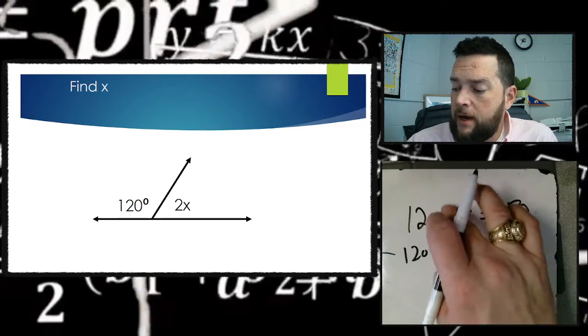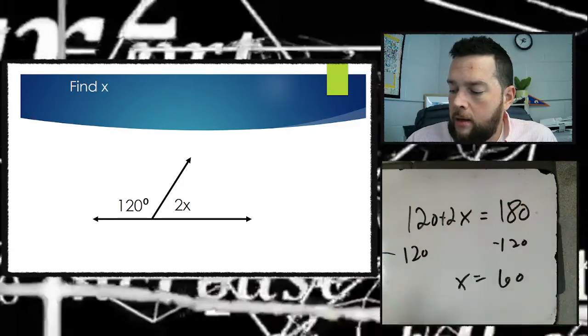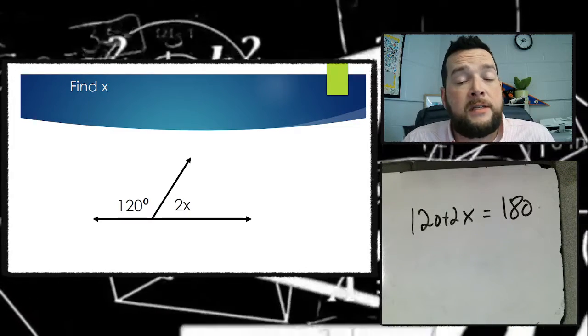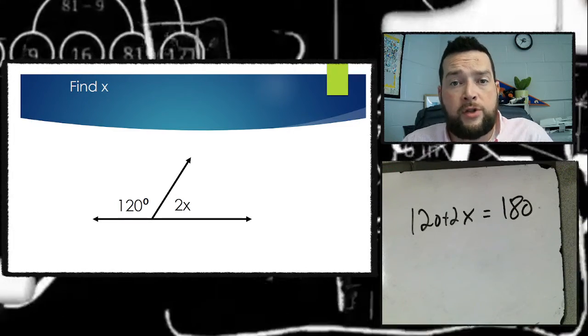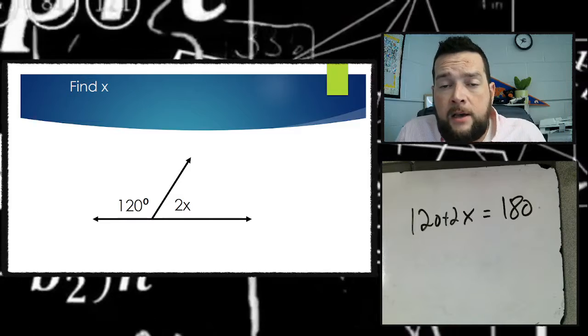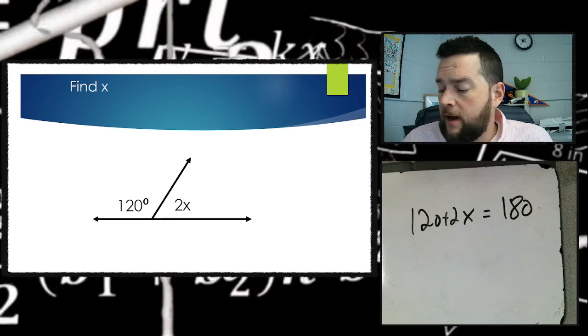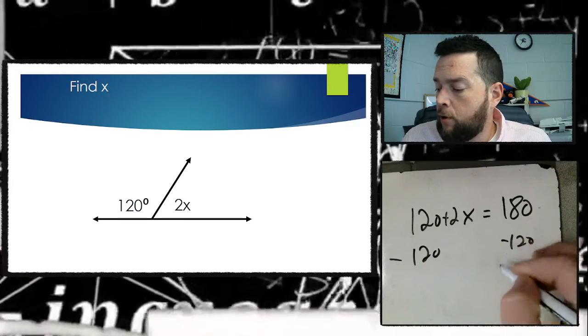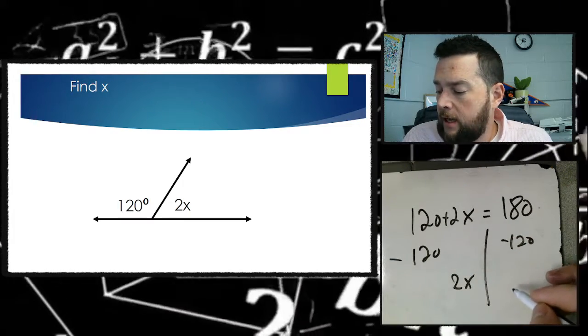In this case right here, I've got 120 plus 2x equals 180. Again, they still add up to the same line, which is 180 degrees. So stop this, pause it, see if you can solve this equation, and come back to see if you've got the right answer. Okay, we're going to subtract the 120 from both sides. We'll have 2x left over on this side.